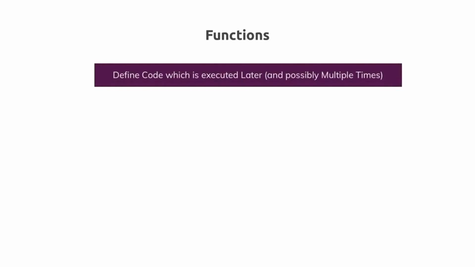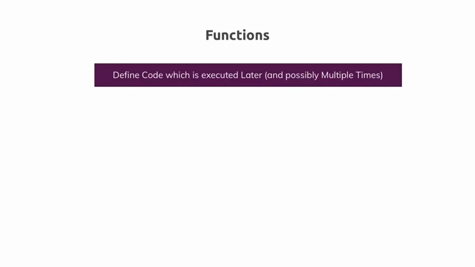If we use built-in functions, we get some utility out of the box. Some magic happens behind the scenes which we don't know, but which does good things for us typically. But of course, we can also define functions for ourselves. And functions simply allow us to define code which is executed later and possibly multiple times. And we, of course, define when it's executed.